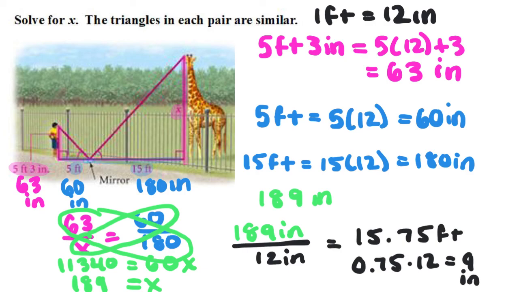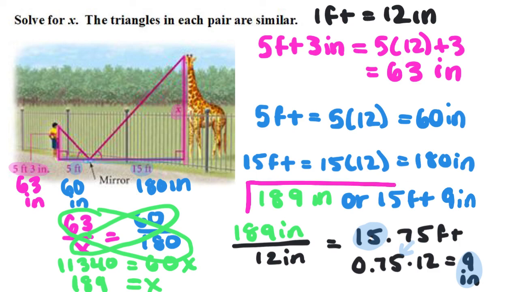So my answer, if I were to write it in feet and inches, would be the 15 feet, and the remaining 0.75 is changed to the 9 inches. So it would be 15 feet, 9 inches as our final answer. And either form is fine. It may depend though on the question.